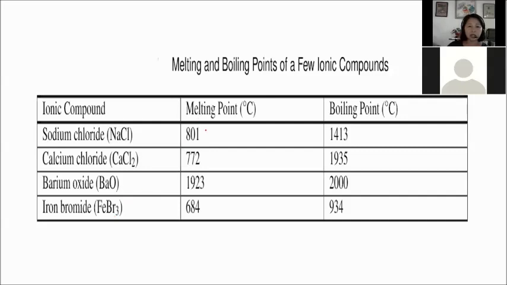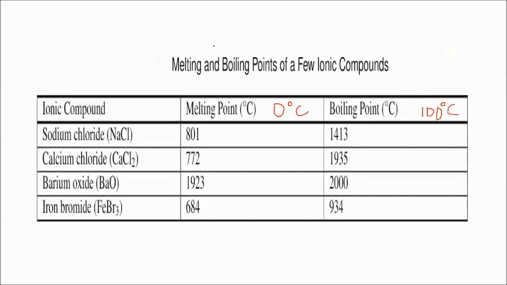The melting point of sodium chloride is 801 degrees Celsius. For water, 0 degrees Celsius. Then the boiling point of water is 100. Sodium chloride is 1,413 degrees Celsius.